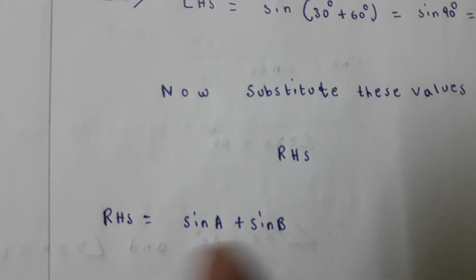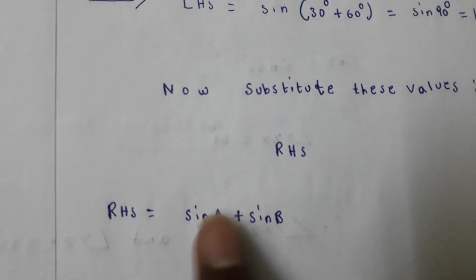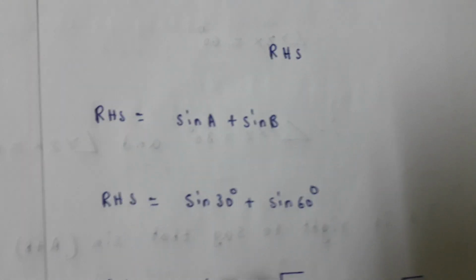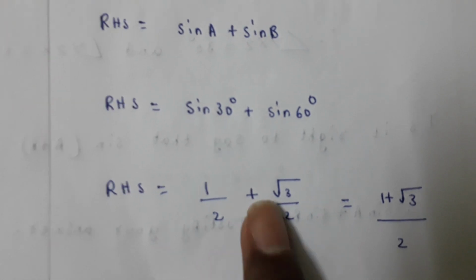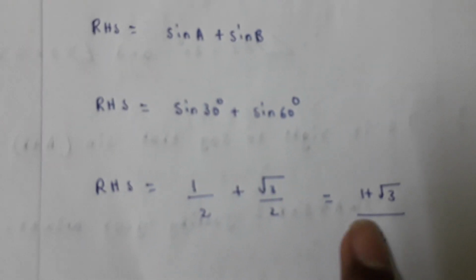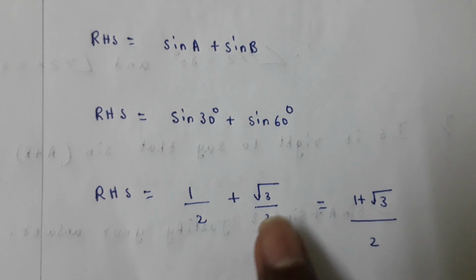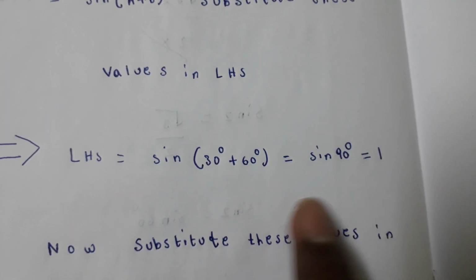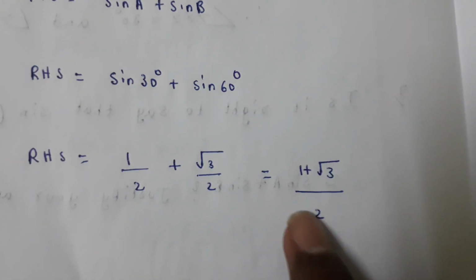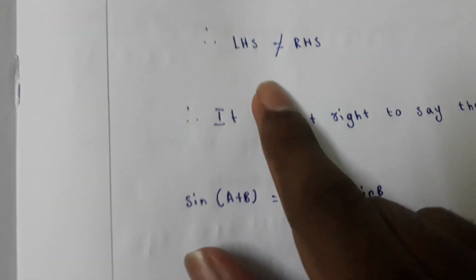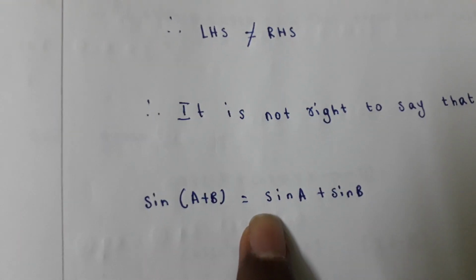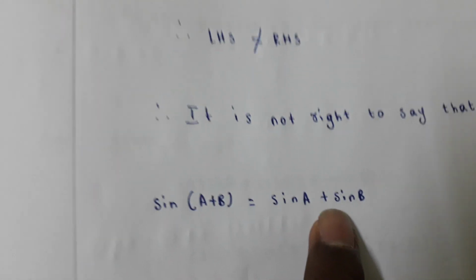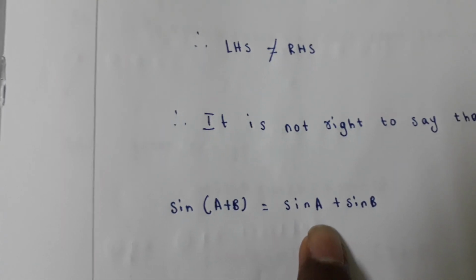RHS is equal to sine a plus sine b, which is sine 30 plus sine 60, equal to 1 by 2 plus root 3 by 2. Taking the LCM, it is 1 plus root 3 by 2. So in LHS we got the value 1, and here we got 1 plus root 3 by 2. So LHS is not equal to RHS. Therefore it is not right to say that sine of a plus b is equal to sine a plus sine b. So this is the solution for this question.